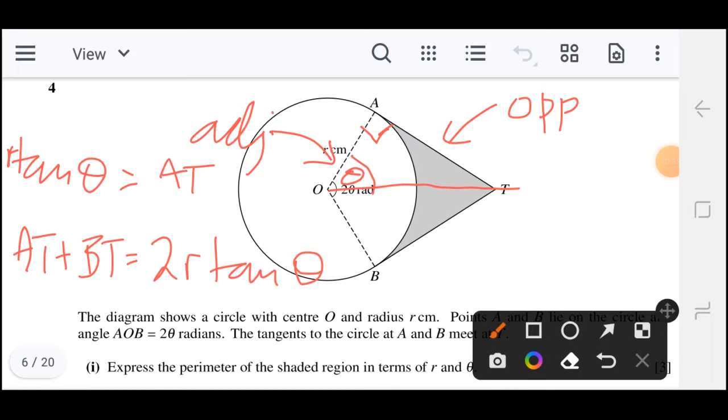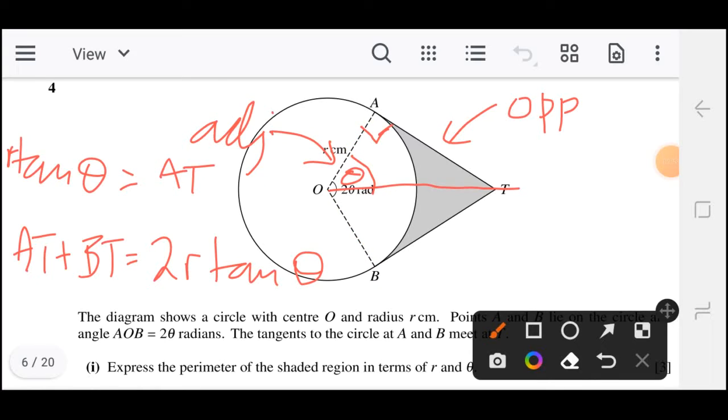So we have 2R tan theta, and for us to find the whole perimeter, we are only left with adding OB and OA to what we already have here.